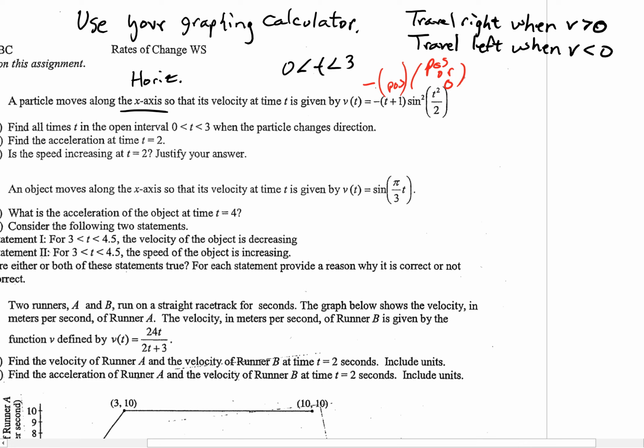So just looking at all those signs, you can know for sure that it's impossible to get this multiplication of the negative and this parenthesis and the sine to become positive. It just cannot happen. So can we ever get velocity to turn into something positive? No. Find all the times when it changes direction. It never changes direction.